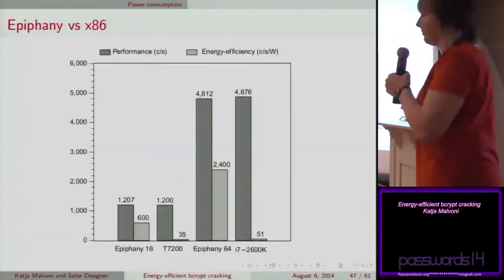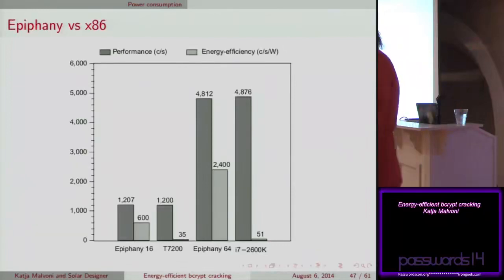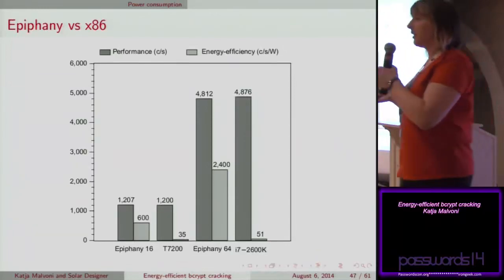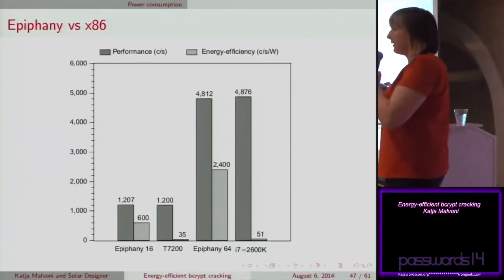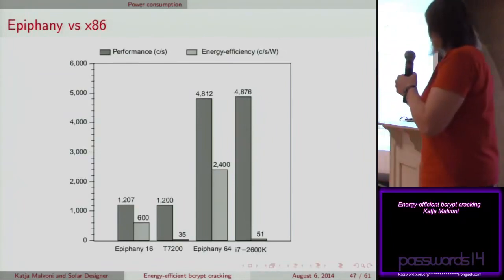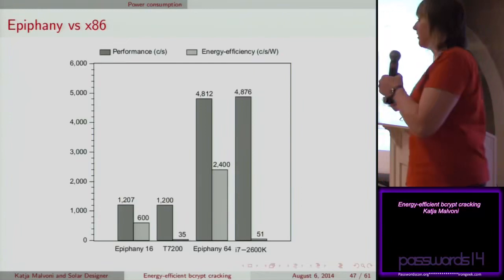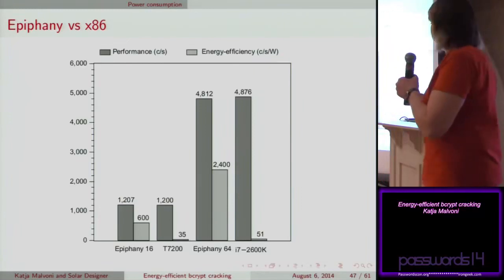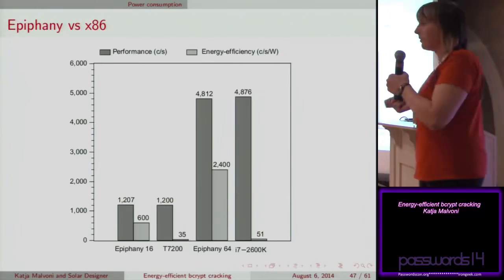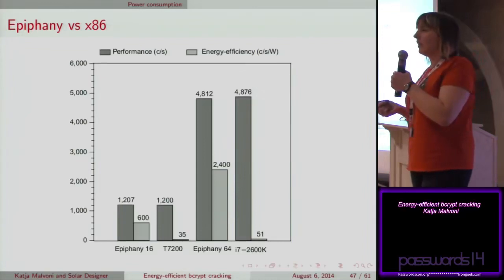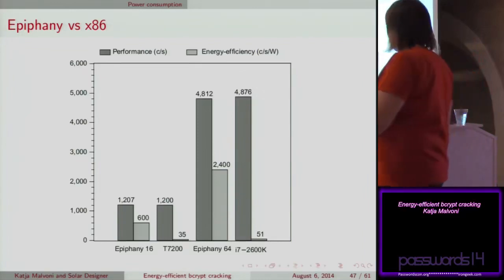And let's see some bar charts. So if we compare Epiphany directly to x86 CPUs, another thing that's important here is that Epiphany 16 and T7200 are fabricated in the same technology, 65 nanometers. And this is important because fabrication technology affects energy consumption directly.